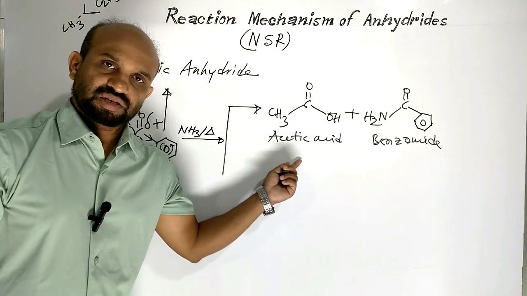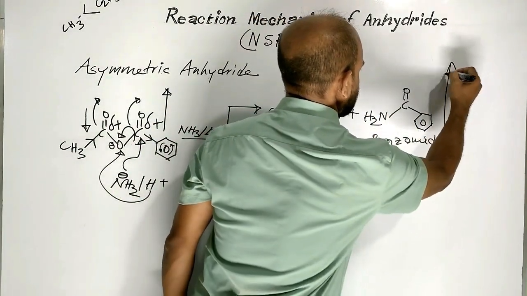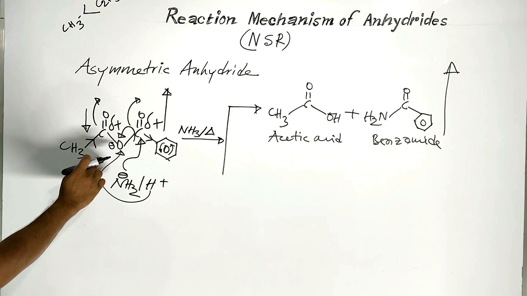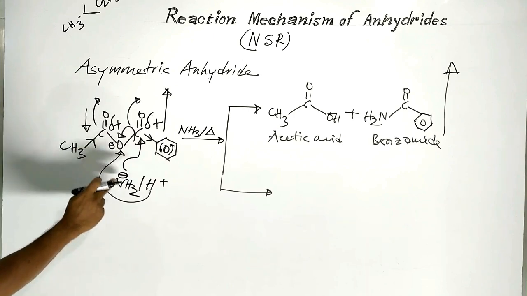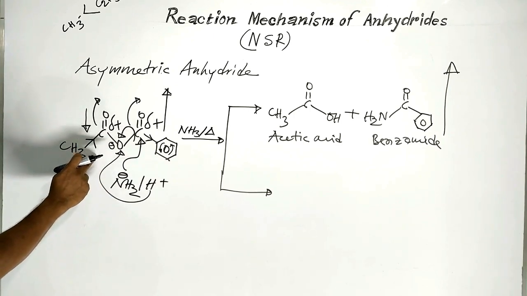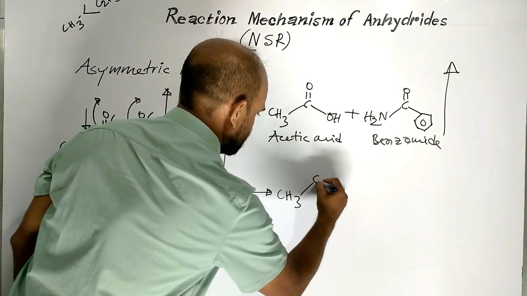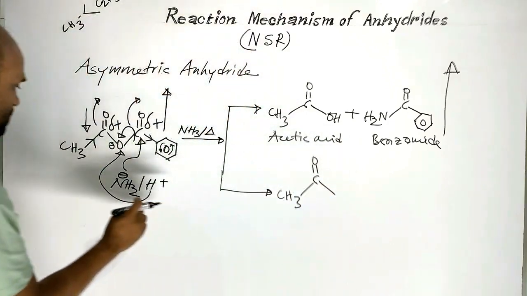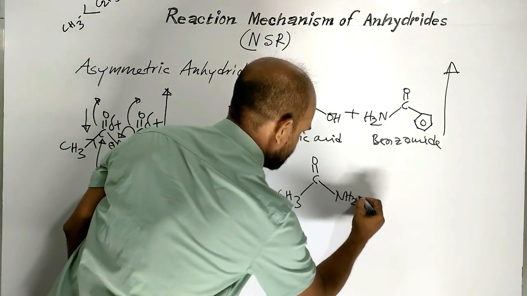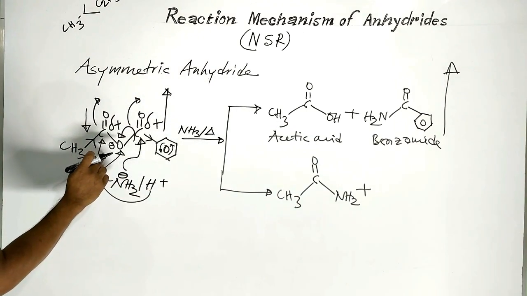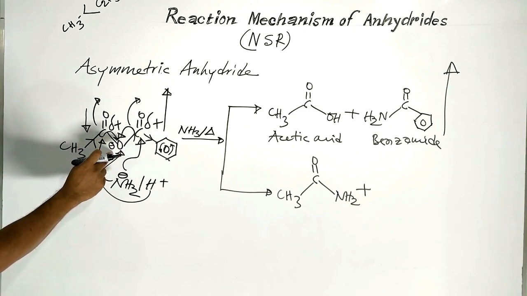Basically, this reaction occurs. The percentage of acetic acid and benzamide will be higher, but another reaction occurs at the same time. That is, this carbon will be attacked by the negative ion to a smaller extent, and as a result, these compounds will be formed. With this carbon, NH2 group, plus at the time this bond will experience heterolytic fission.